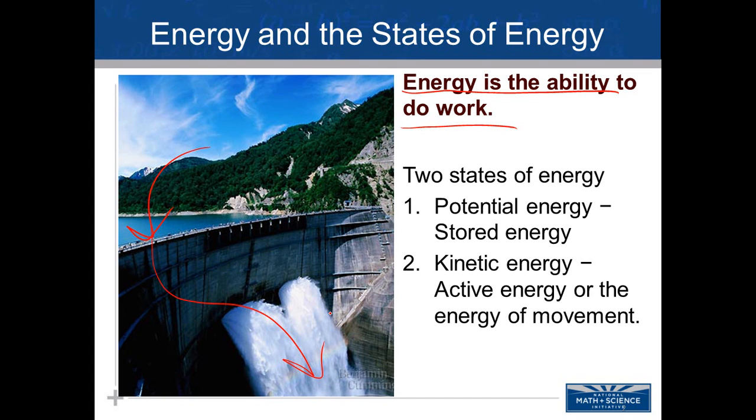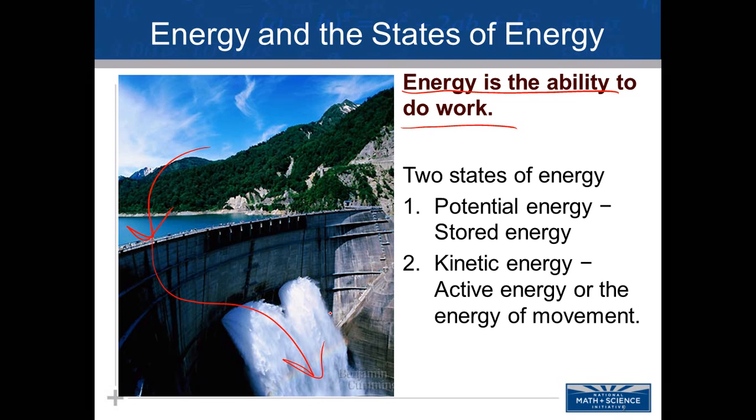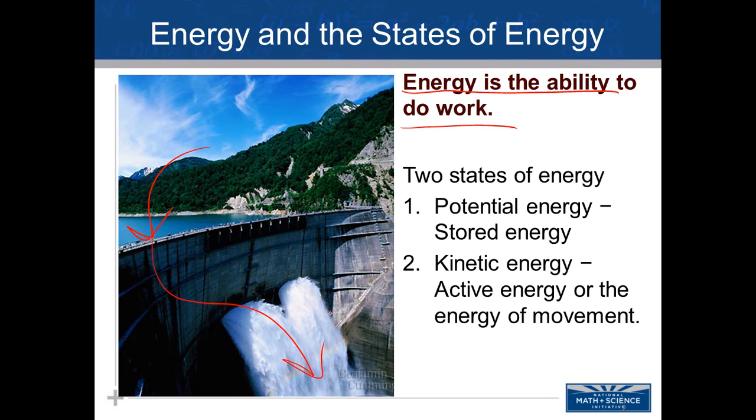For when that book falls, just like the water going through the dam, it can do work. Nuclear energy is the energy contained in the nucleus of an atom and is released during a nuclear reaction. On the sun, there's an incredible amount of nuclear reactions occurring, and the energy that is released comes in the form of heat and light, which reaches the Earth and many other places in space.